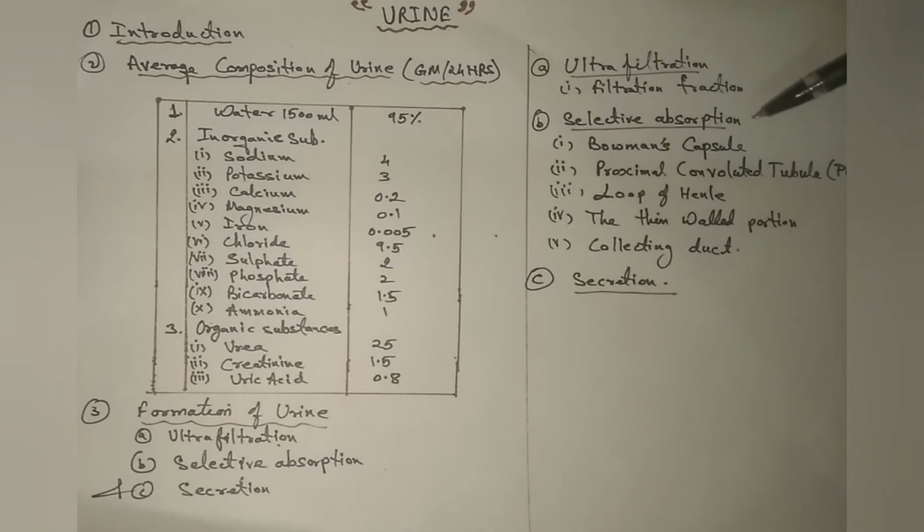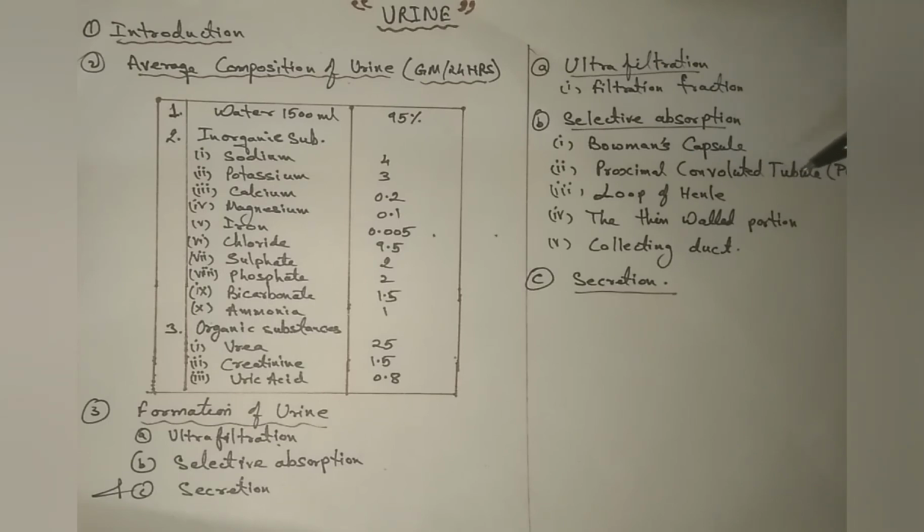When the GF passes through the tubule, 99% of the useful substances are absorbed by the blood vessels which surround Henle's loop. Here, urea and uric acid are not absorbed, and thus this absorption is called selective reabsorption.